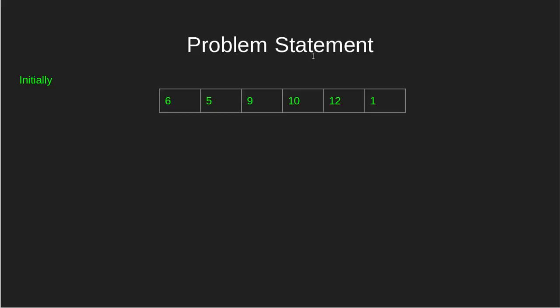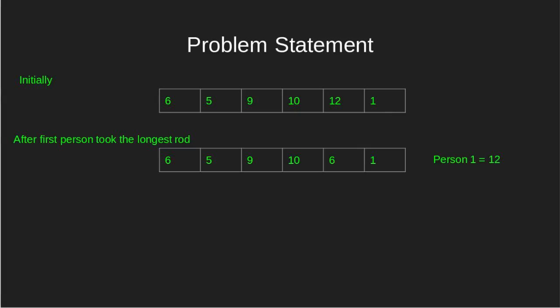So, if these are the lengths of rods we have taken, then we need to find the maximum length of rod for the qth person. Here, a person takes half of the longest rod, that is here 12 is the rod with the longest length. Then, the person takes the rod of length 12 and puts back a rod of length 12 by 2, that is 6. Similarly for the second person, 10 is the longest rod.